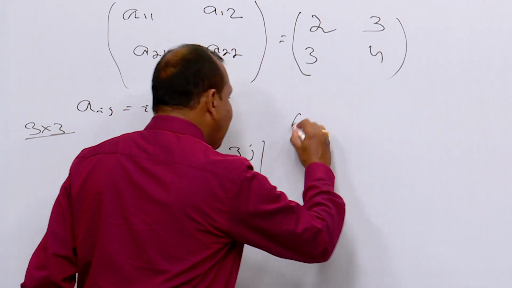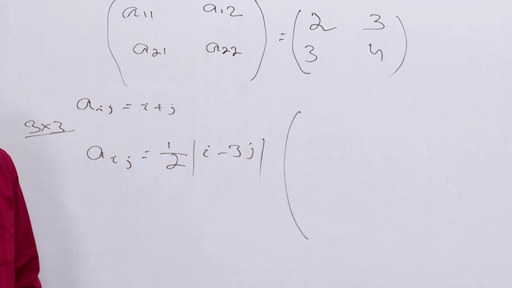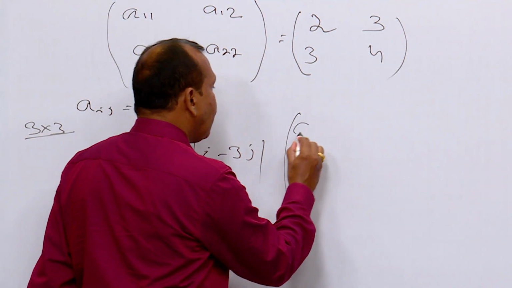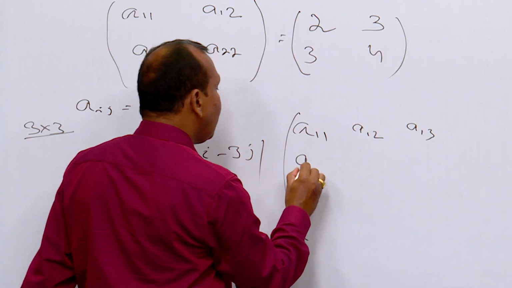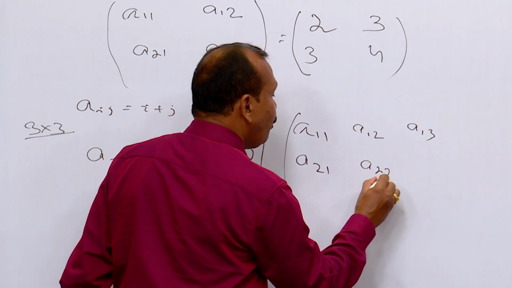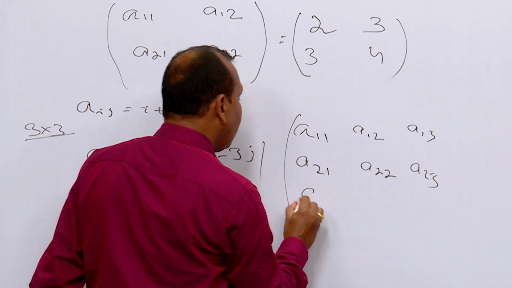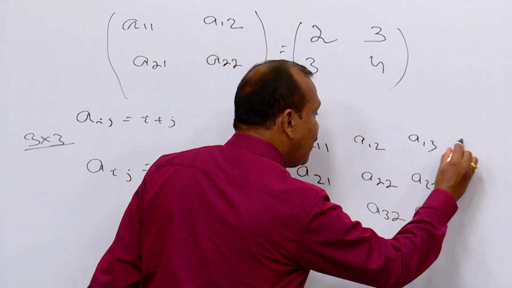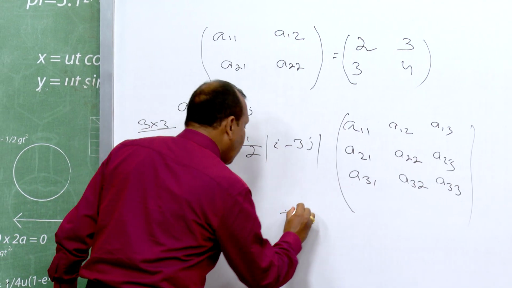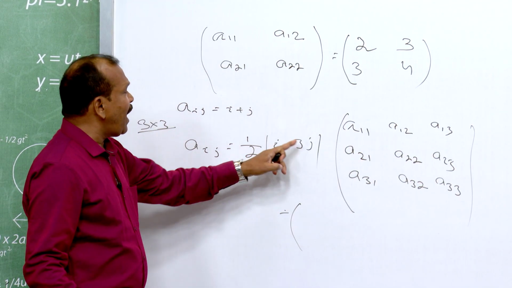First we construct a 3 cross 3 matrix in general form, that is A11, A12, A13, A21, A22, A23, A31, A32, A33, that is equal to half times the modulus of I minus 3j.